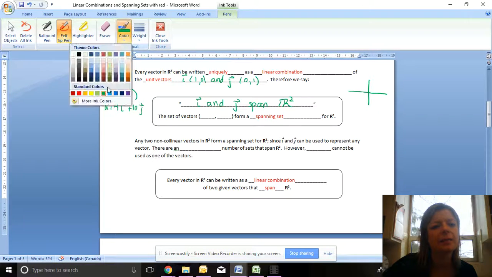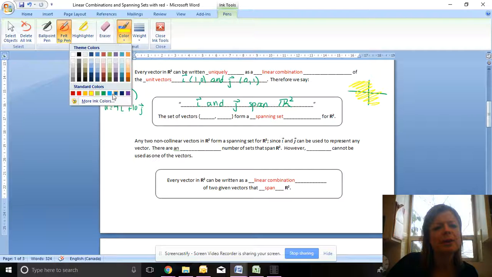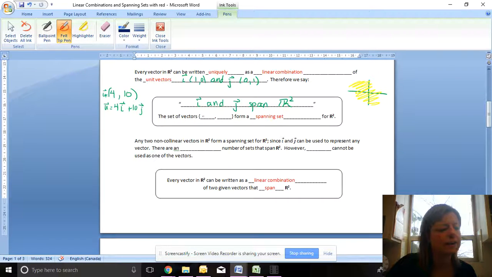So what I think about with span R2, it's because those two vectors can represent anything in this whole R2. So they span R2. So another way of saying that is that the set of vectors i and j form a spanning set for R2.